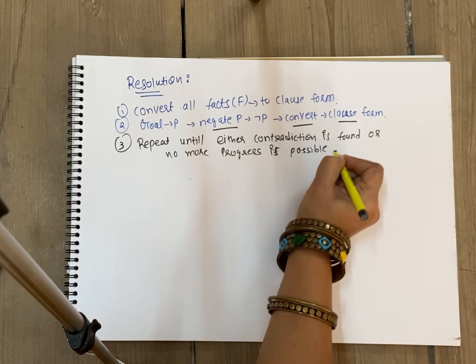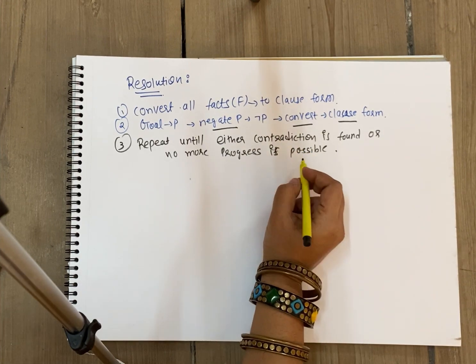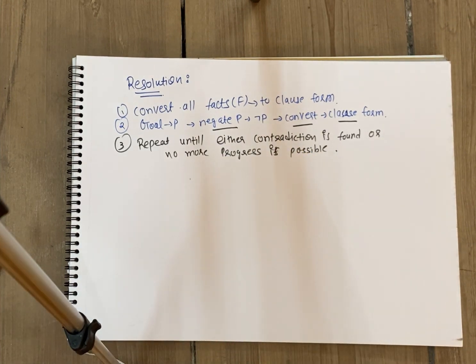It's very simple. You have to keep on repeating until either the contradiction is found or no more progress is possible. That many number of times this loop is going to move.